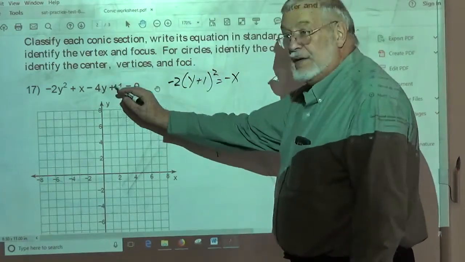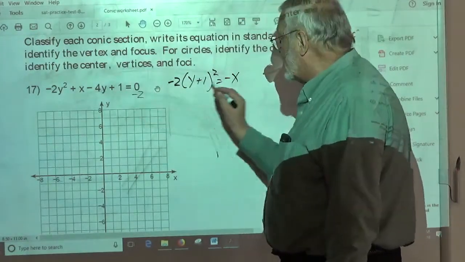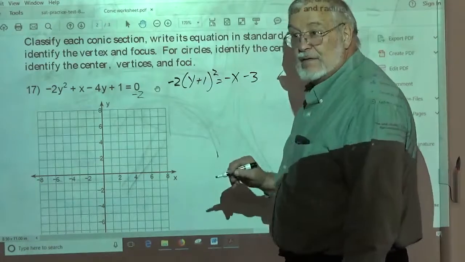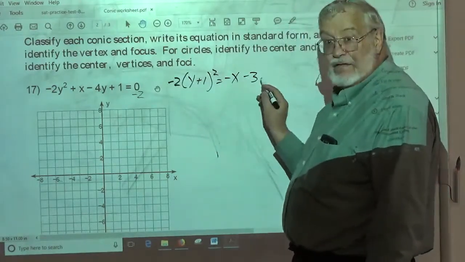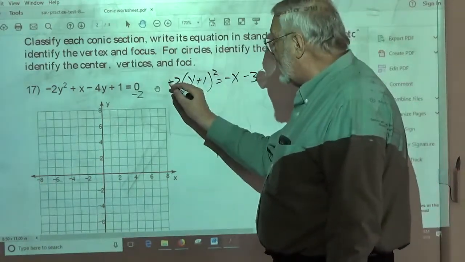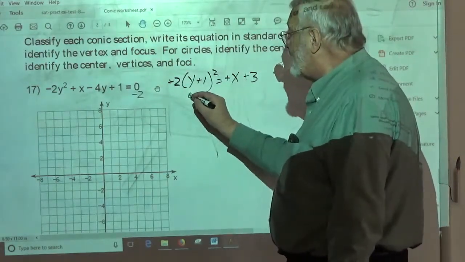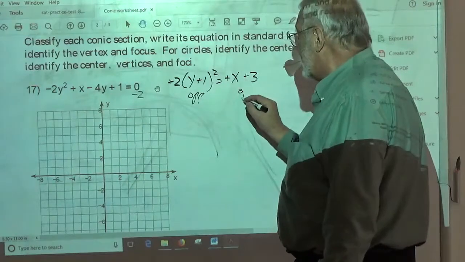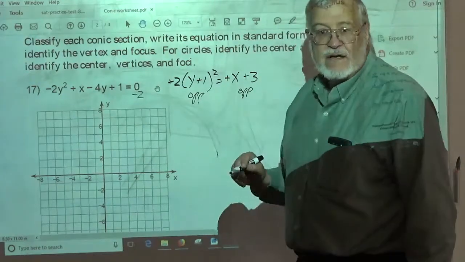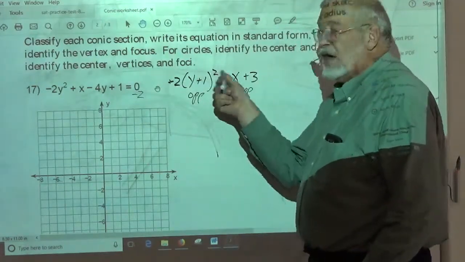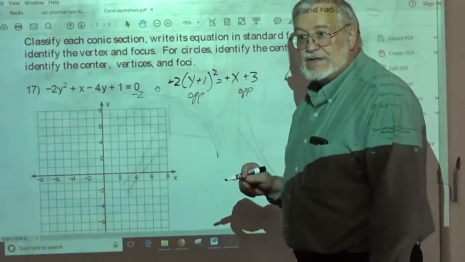The 1 needs to come to the other side, so that'll make this minus 3. You notice everything is negative? So I can multiply by negative 1. And now I have opposite, opposite. Because the constants are on the same side as the equation.